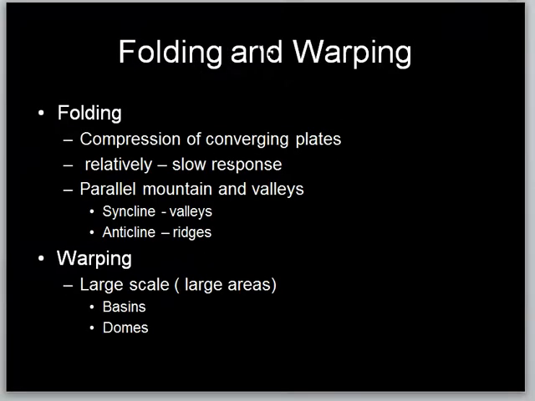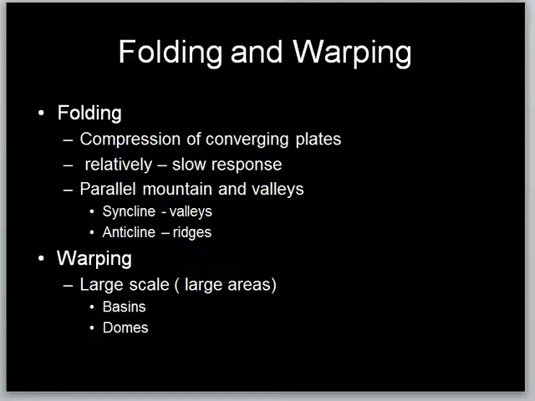So let's look at folded landscapes first. Typically folding happens through compression of converging plates, relatively slow, and you get these landforms called parallel mountain landforms. This would be really common in West Virginia, where you get these ridges that just parallel each other, and these little mountains and valleys, called synclines and anticlines.